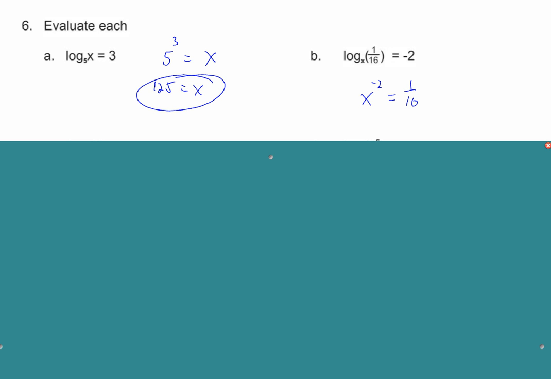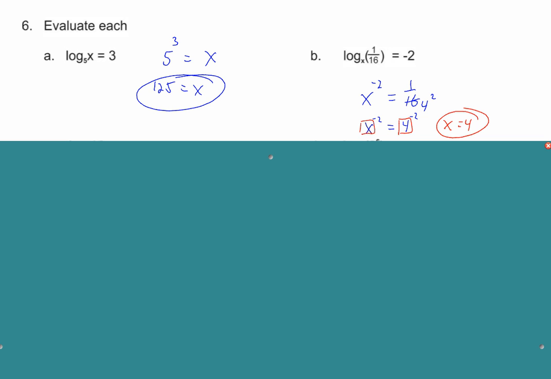To solve this, you'll have to think of 16 as 4 squared, and let's use the negative exponent rule. So 4 squared in the denominator is 4 to the -2 in the numerator. Since the exponents match, x must equal 4.